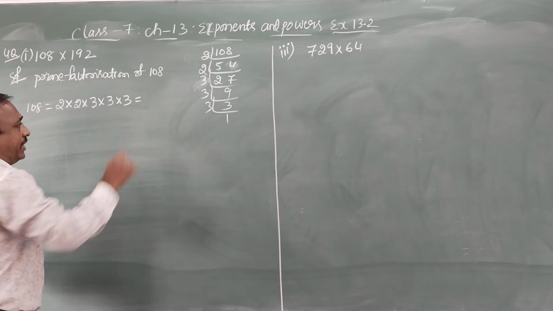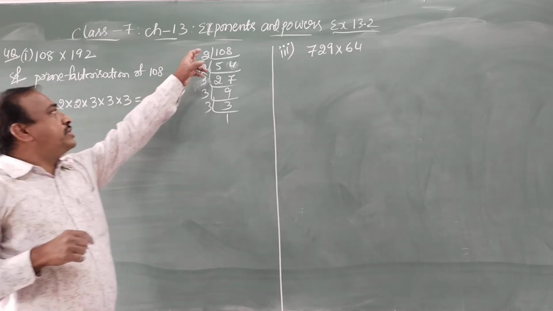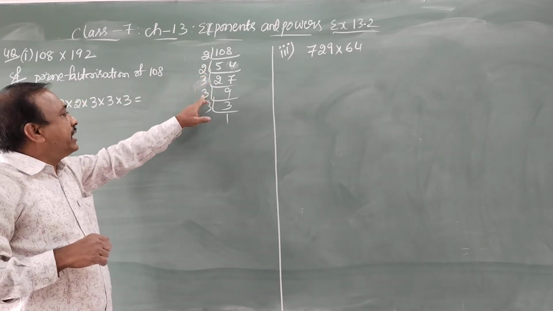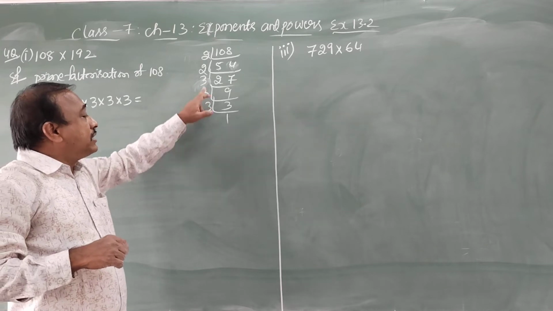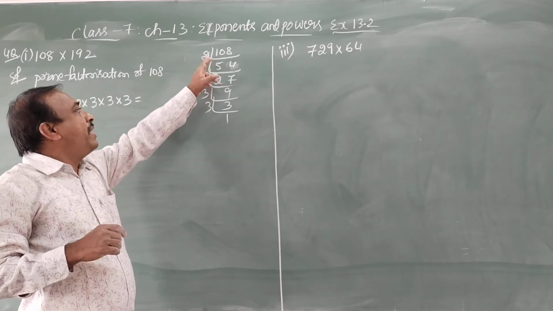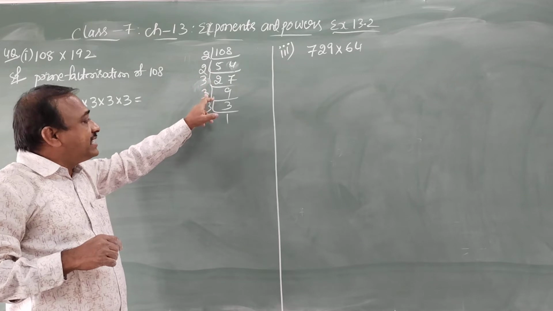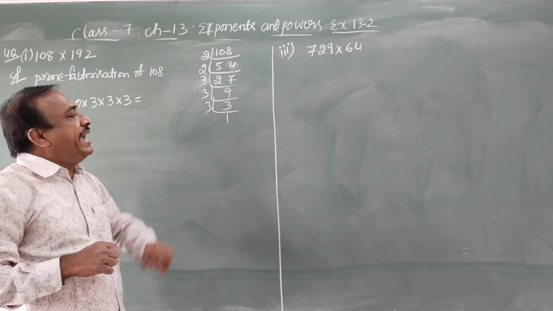Check: 2 twos are 4, 4 threes are 12, 12 threes are 36, 36 into 3 is 108.